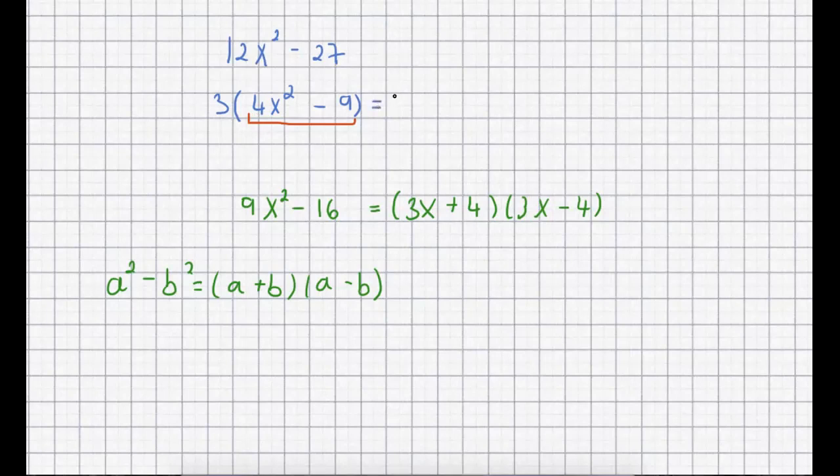You take the 3, you just copy it. איך את מפרקת לגורמים את זה? כמו שעשינו פה. So I would do 2x minus 3. And then 2x plus 3. Yeah, perfect.